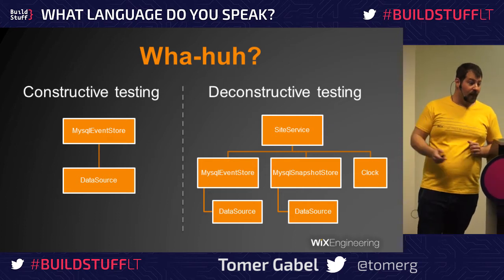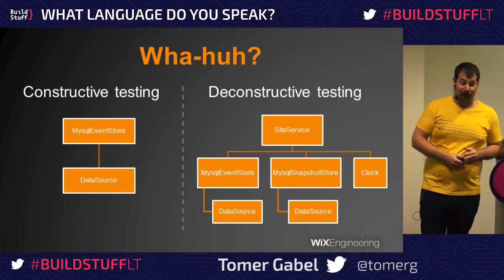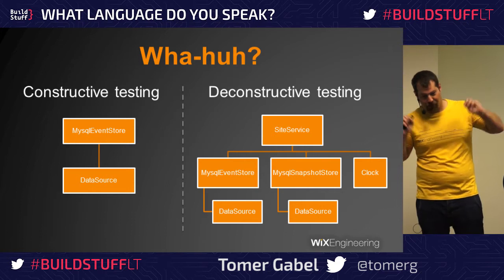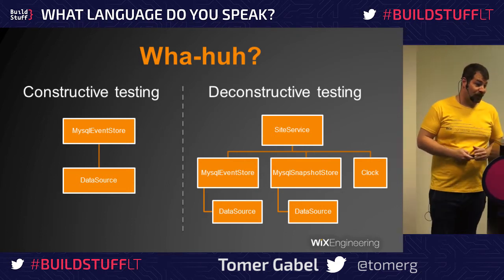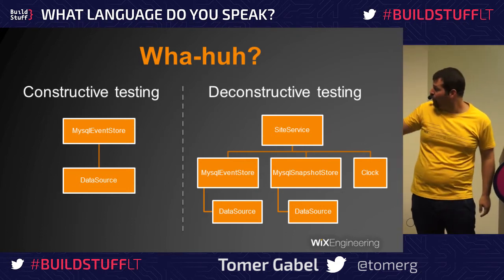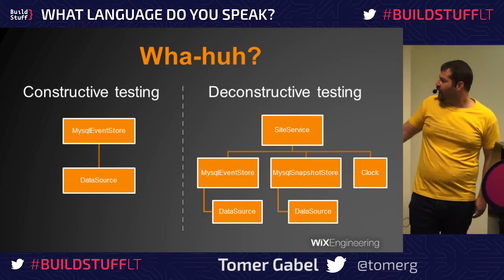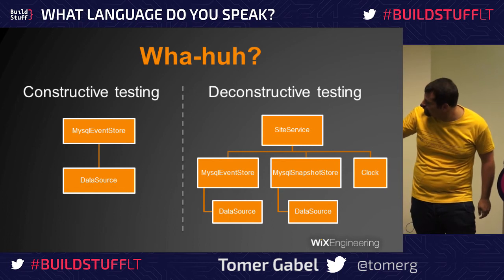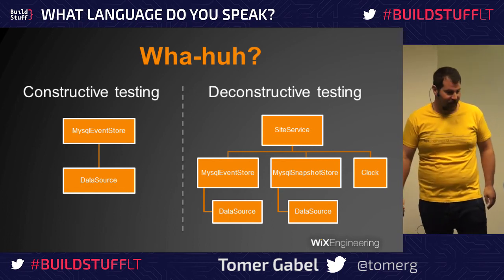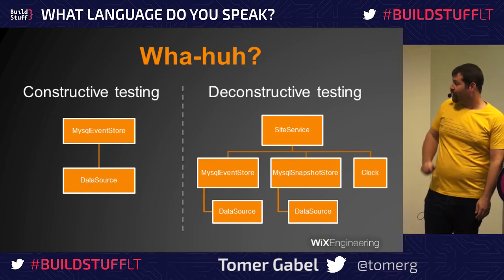Now, if I do testing in the Spring way, what I call deconstructive testing, I have this whole graph of a system, and this is typically a very, very simplified graph. And I have my MySQL event store and its data source on the side here. Now I need to start mocking stuff out.